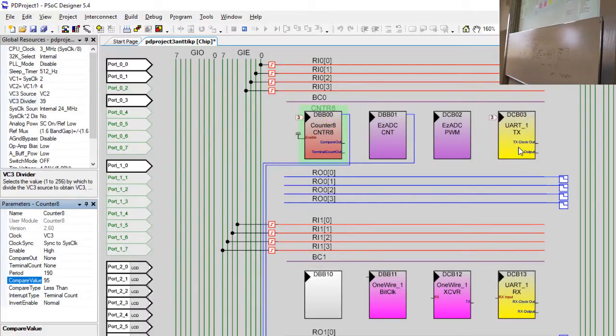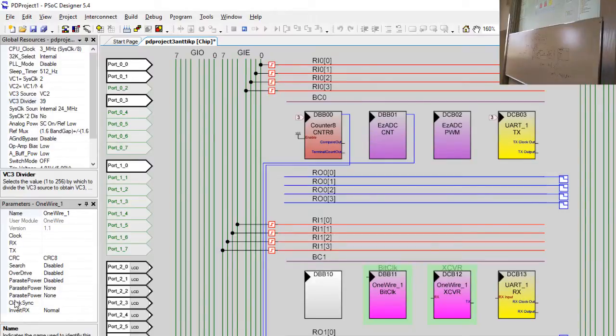Okay, this might actually get a little bit tricky when you add more functions to the system. For example, when you put the SPI, where do you get the SPI clock rate? Fortunately, SPI is synchronous. One wire, let's see, I haven't taken a look at the one wire.